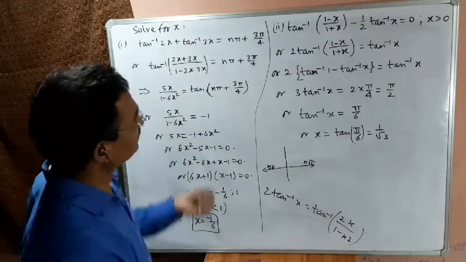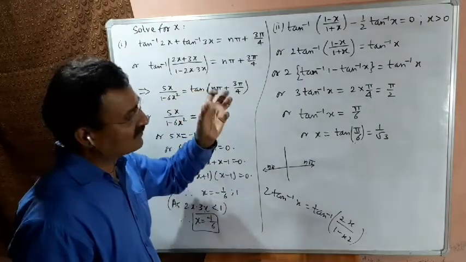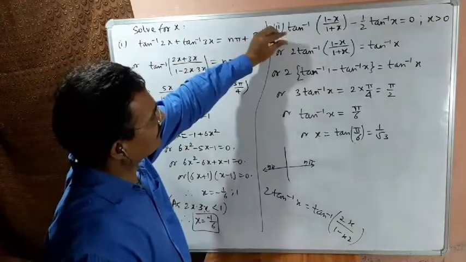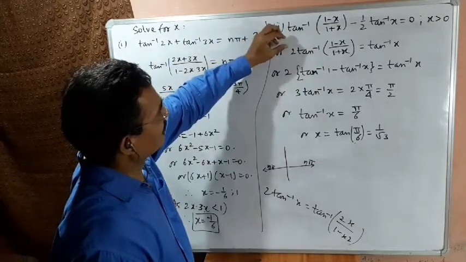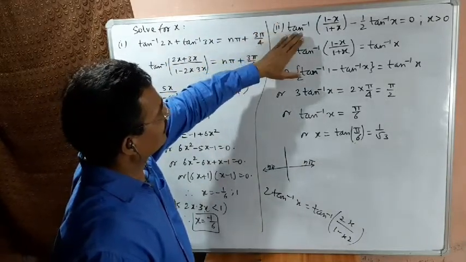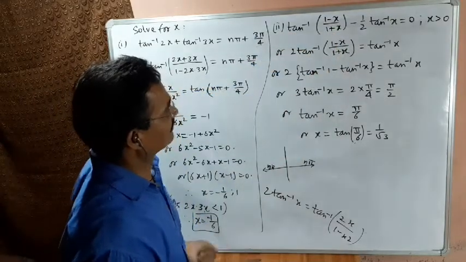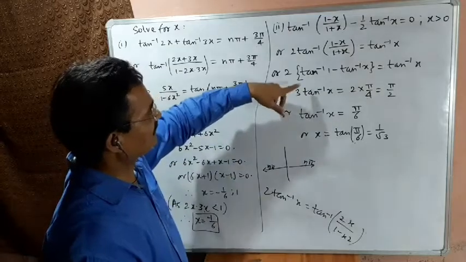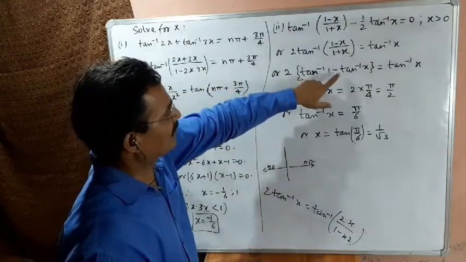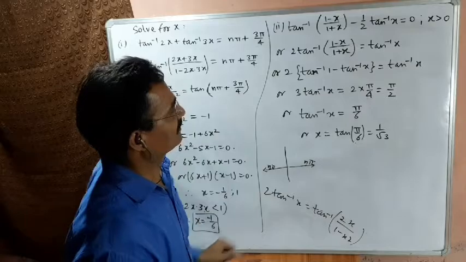But because this is in a well arranged form, I have used this form, tan inverse of 1 minus x by 1 plus x. This can be written as tan inverse 1 minus tan inverse x.